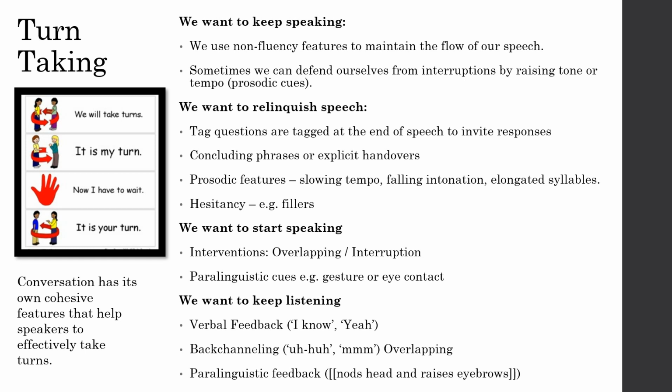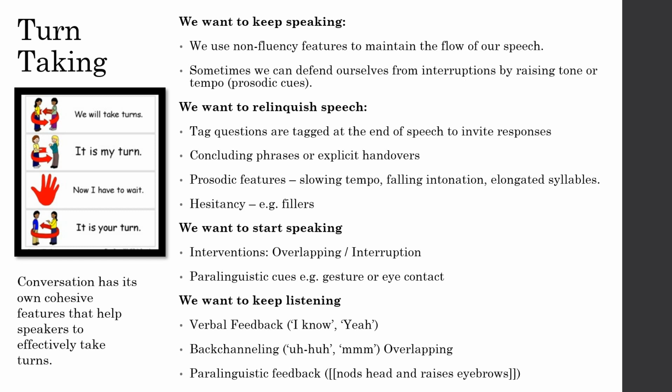You also can defend yourself from interruptions by raising tone, usually, or by sometimes raising the tempo of what we say. And actually, when people try and interrupt us, we tend to speed up what we say in order to try and dominate or retain control of the conversation. That's not always a rude thing to do, by the way. In spontaneous conversation, you and your friends will be frequently overlapping each other, and this is very common.